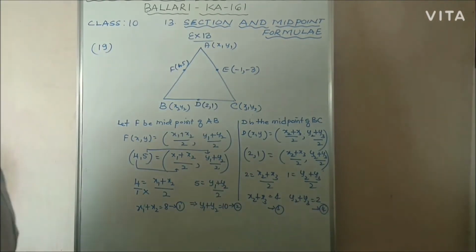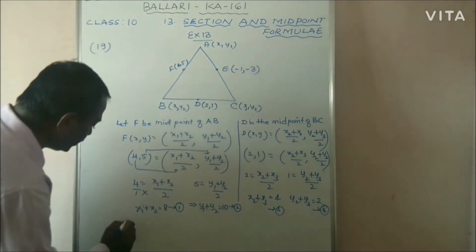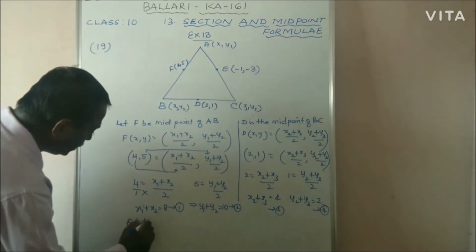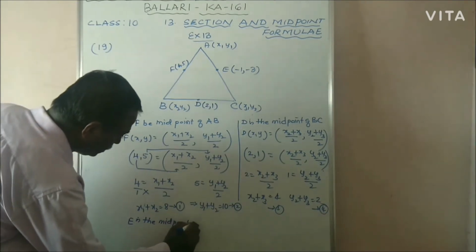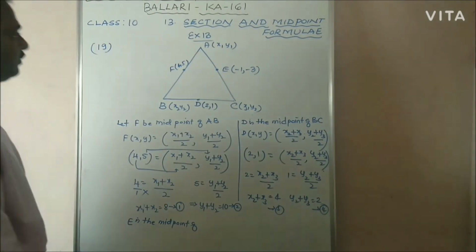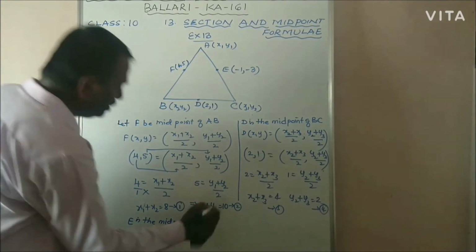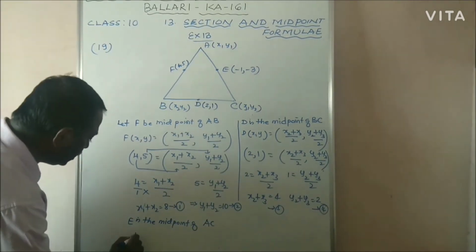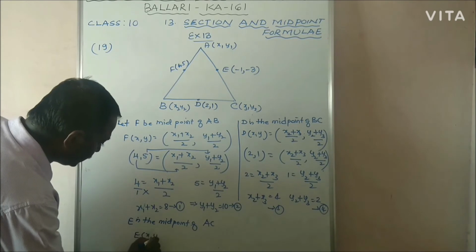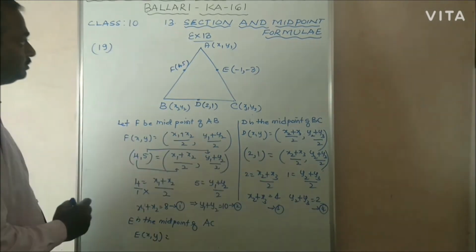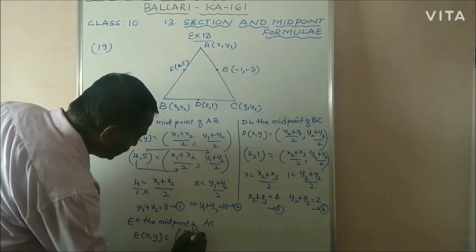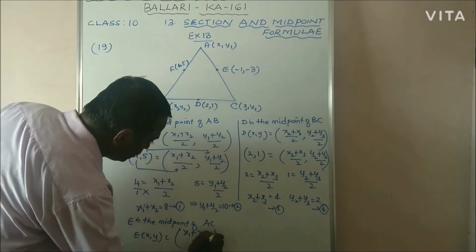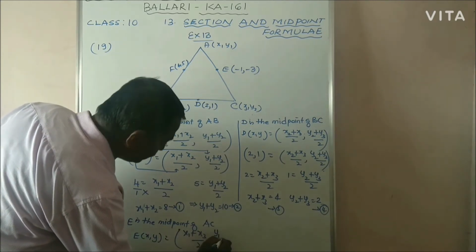So third, we can take AC. E is the midpoint of AC. So therefore E of x, y is equal to x1 plus x3 by 2, y1 plus y3 by 2.